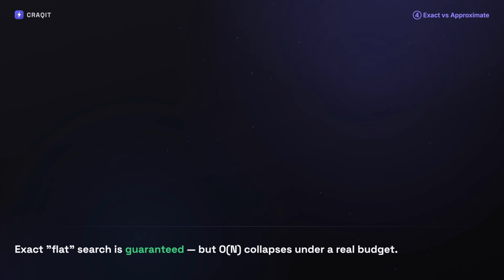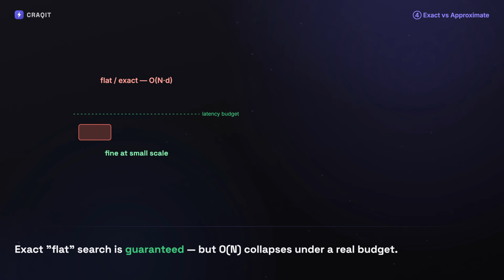So we have a query vector and 10 million stored vectors. Exact search, the flat index, compares against all of them and is guaranteed to return the true top k. Its cost is order n times d, number of vectors times dimensions. And say this out loud, because it's a maturity signal.